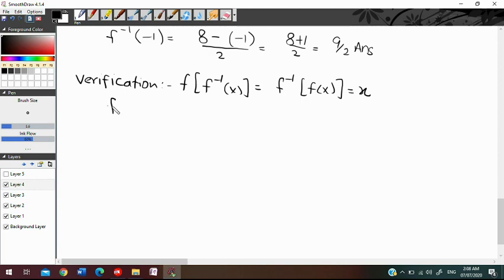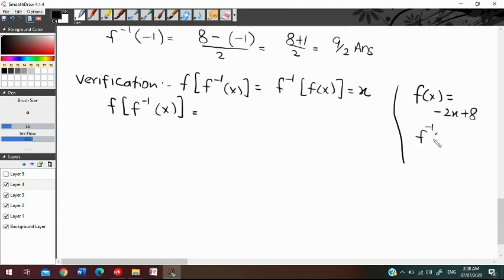Now f of f inverse of x: here f of x is minus 2x plus 8, and f inverse of x is 8 minus x divided by 2.